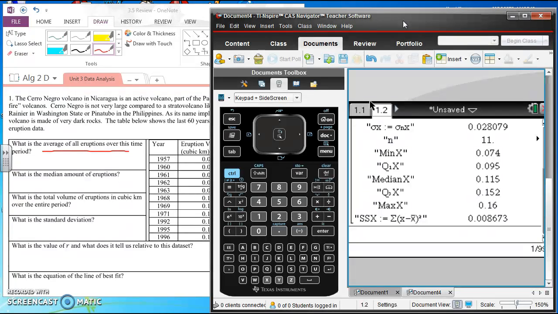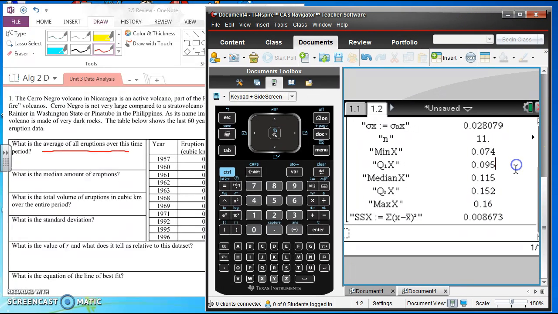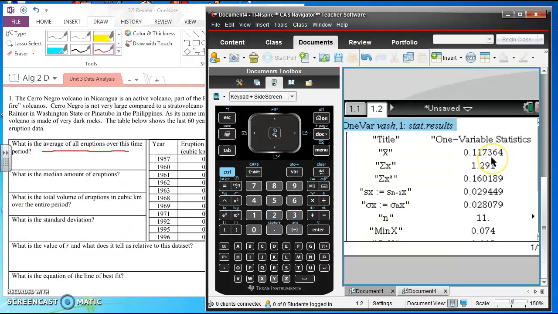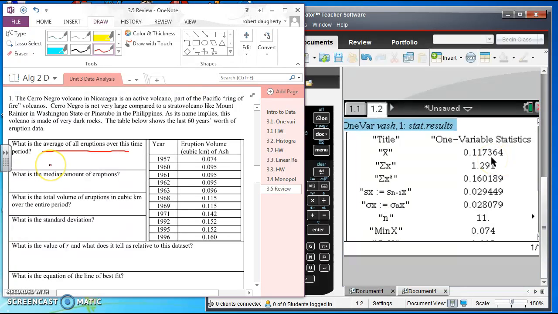I'm having to navigate a couple of screens here. So if I look at x bar, 0.117, that tells me 0.117 is the average, and that is in cubic kilometers of ash. So that's the average, 0.117.